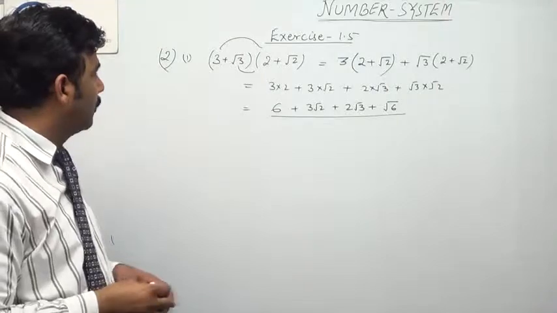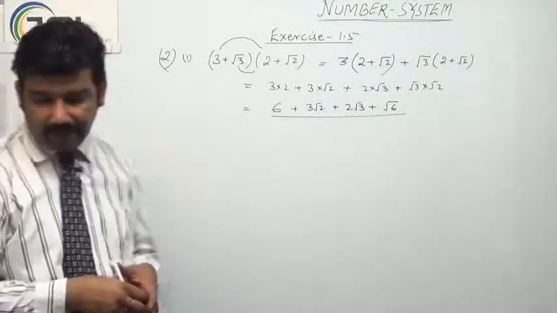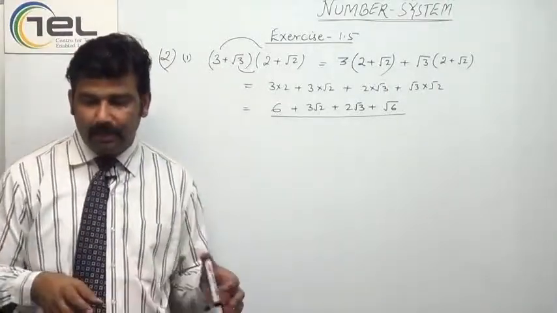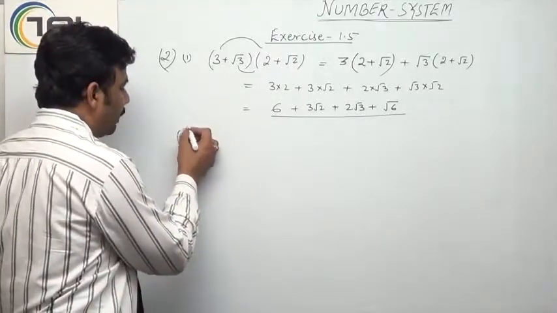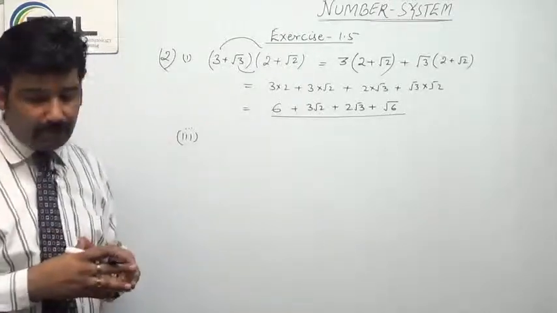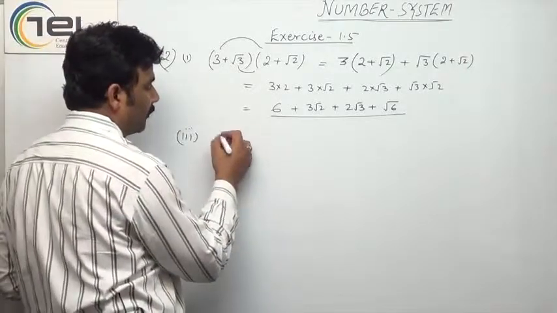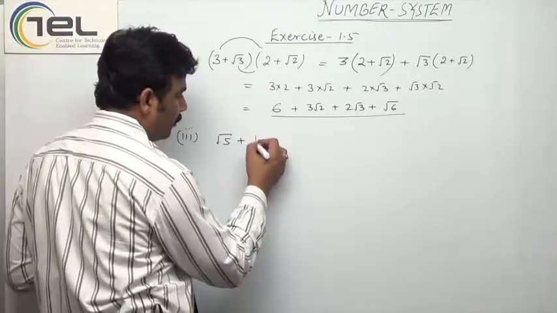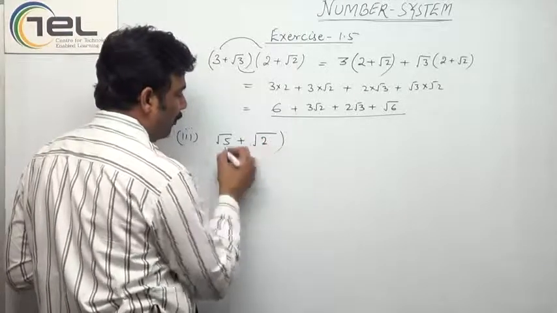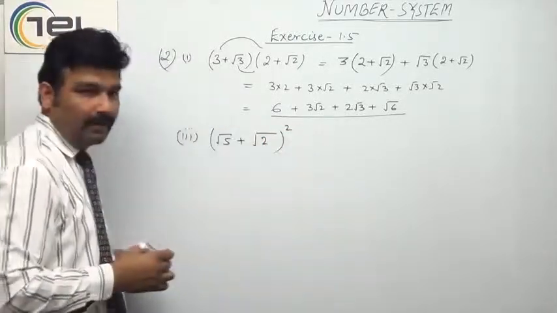So this is how they will end up. Okay. So this is one thing. I can take another one. I will take the third part. I will just leave the second and fourth part to you. Root 5 plus root 2 and the whole square.